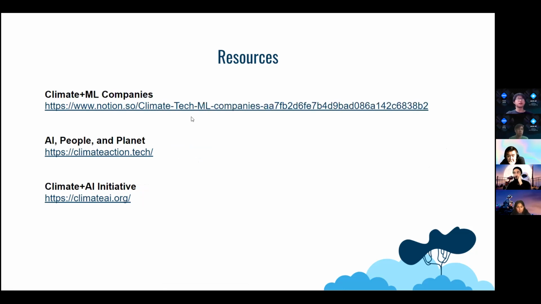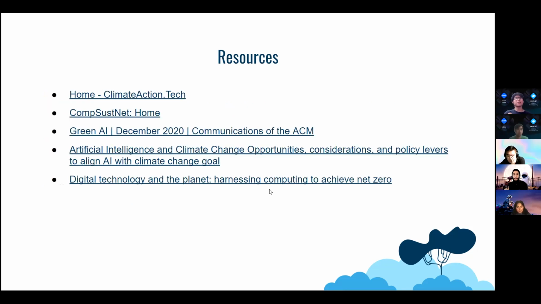There's also a Notion page that someone put together that's a list of companies working at the intersection of machine learning and climate change. And there's a few groups as well, such as Climate Action, climateaction.tech, and the Climate Change AI Initiative, and some other various groups and papers that are listed on this page here.